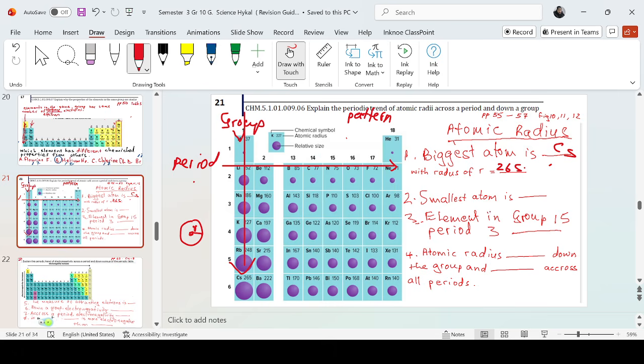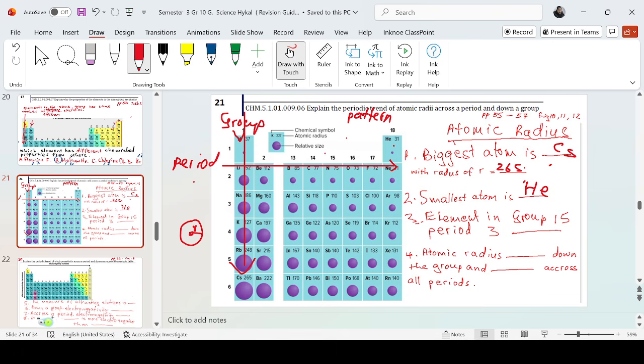The smallest is to the right, which is this one, helium. Now the element in group 15, period 3. Let's go to group 15.